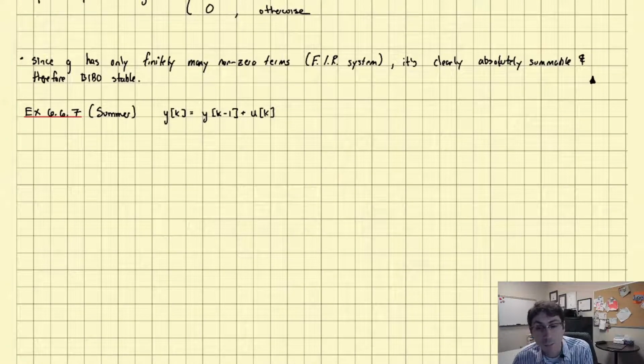It just adds up the input. Whatever input you give it, it starts adding it. So, assuming the initial conditions are 0, at time step 0 you'll get y is equal to u. At time step 2, you will get that y is equal to the first value of u plus the second value of u. Right? It's accumulating. It's summing up the value of the input.